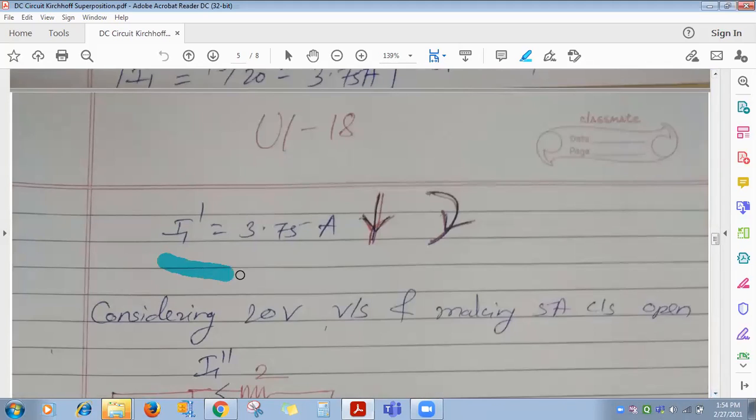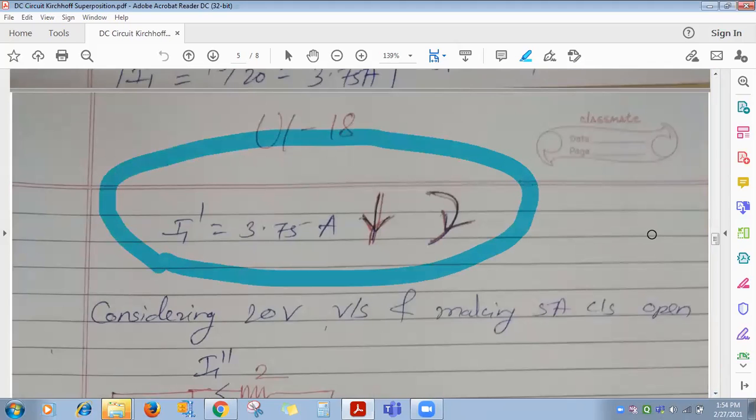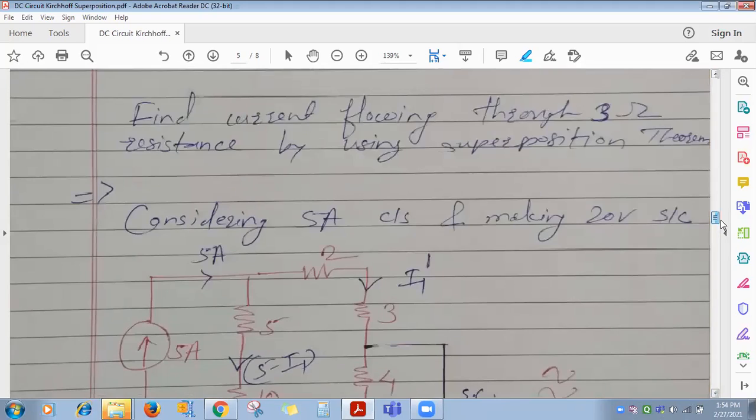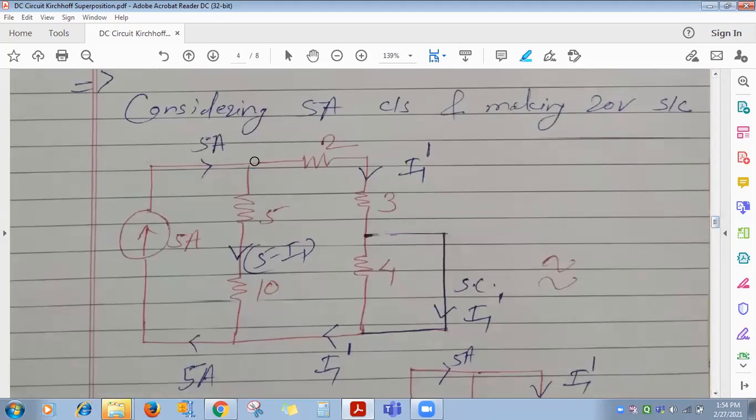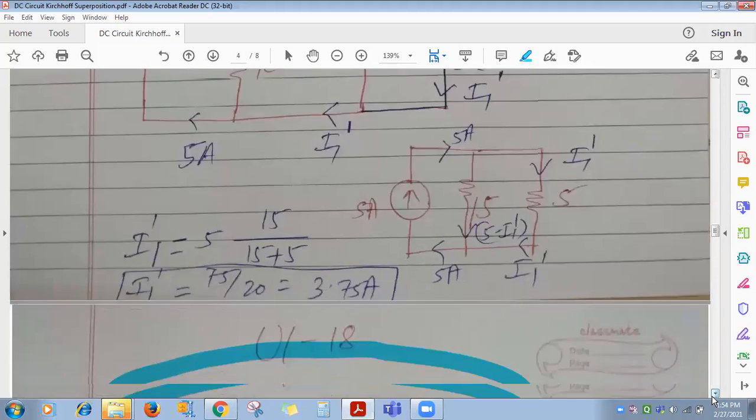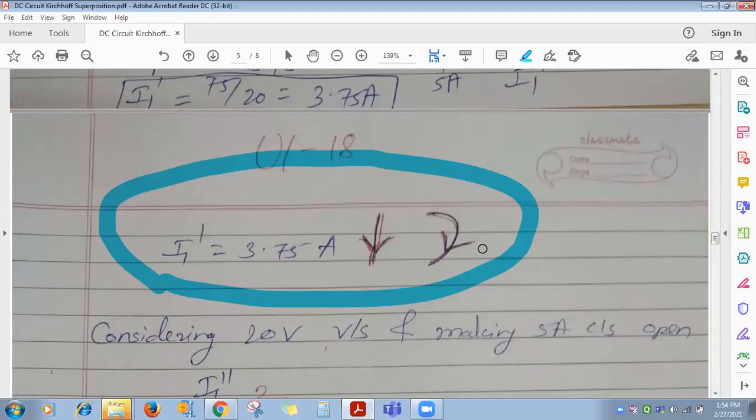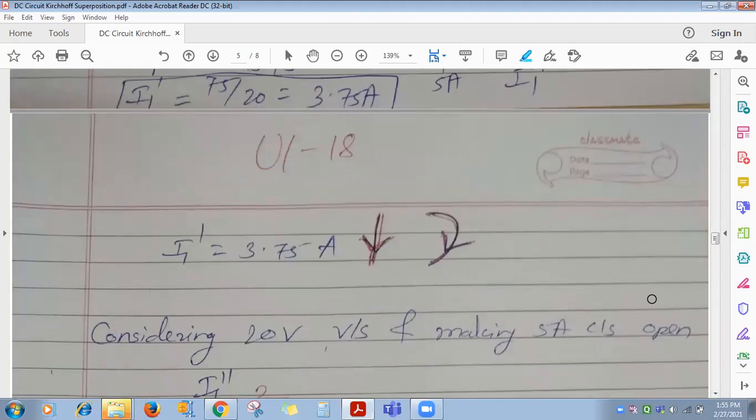Here I have written 3.75 downward, or is it flowing clockwise or anti-clockwise? See the circuit. Clockwise. So you can represent it as upward, downward, or clockwise, anti-clockwise. Any one you can denote in the exam or while solving the sum. Just for your understanding, I have denoted both.